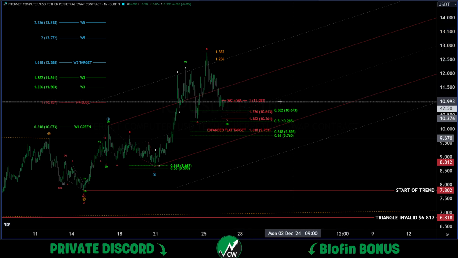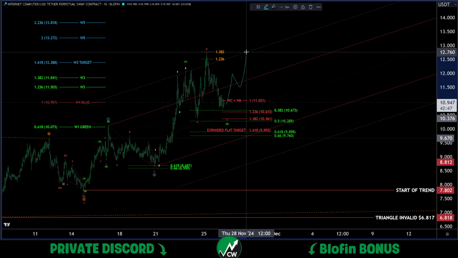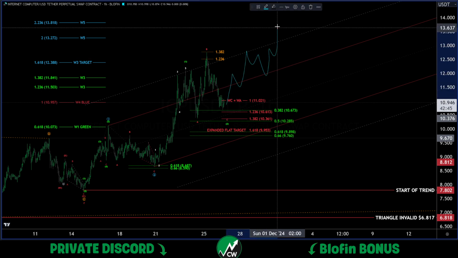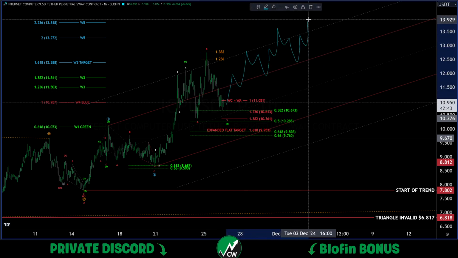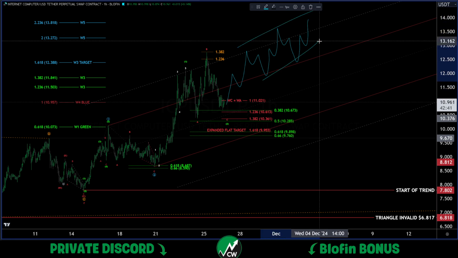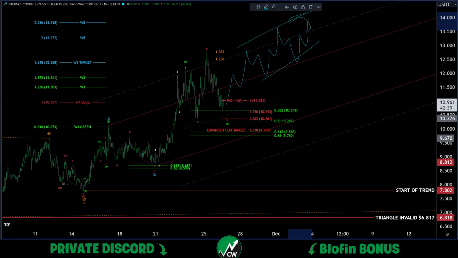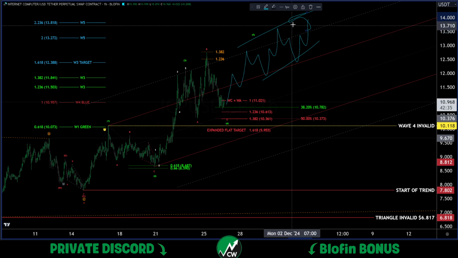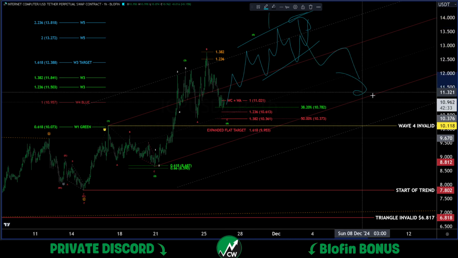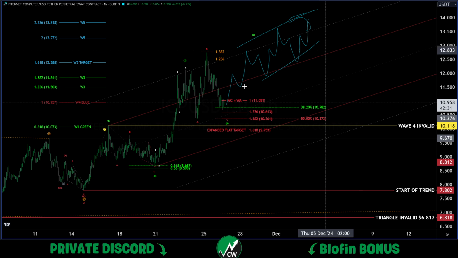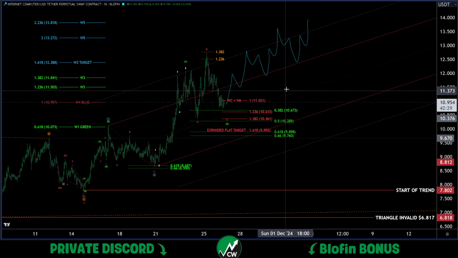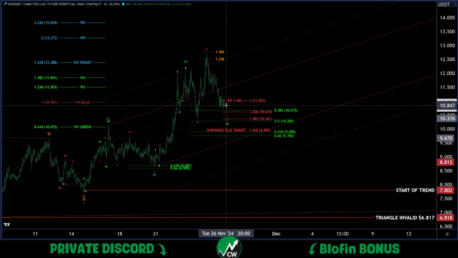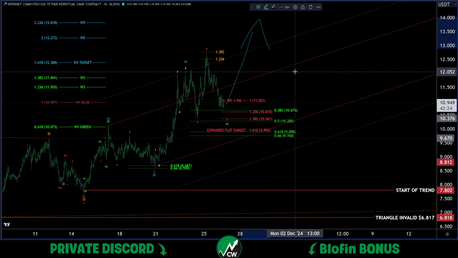So, for example, if we start chopping up here in 3-wave moves, we're starting to get divergence on the RSI, I have to consider the fact that maybe that's a wave 5 in an impulse like so, which creates our larger 1 and 2. So it's not just tracking each wave, it's knowing what to expect if the count is accurate. In this case, a massive third wave.